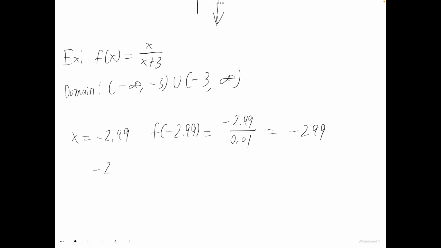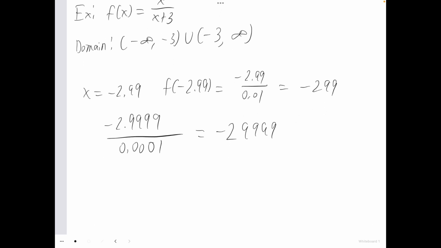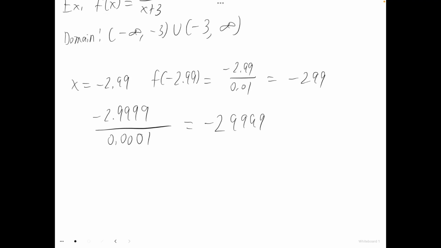If I picked negative 2.9999, divided by 0.0001, then f of negative 2.9999 is negative 29999, so almost negative 300,000. So we're getting very large negative numbers as we go towards negative 3.